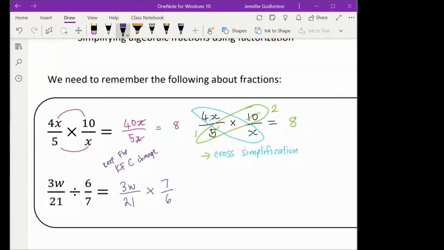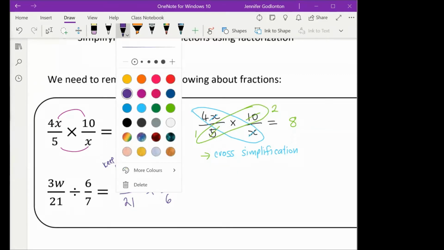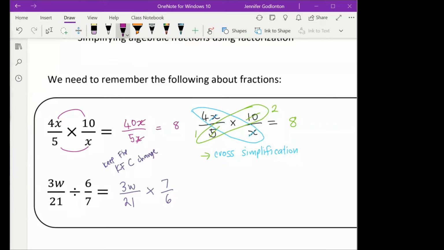Keep, flip, change. So now that we're in that situation, now we could look at cross simplifying. So we could say, well, 3 goes into itself once and into 6 2 times, and 7 goes into itself once and into 21 3 times. So I land up with 1w times 1, which is w, and 3 times 2, which is 6.